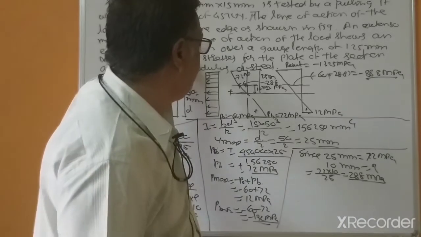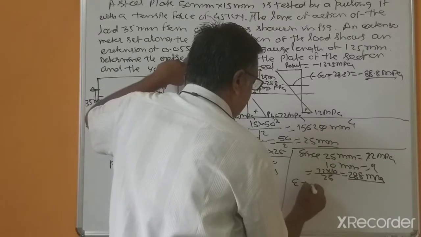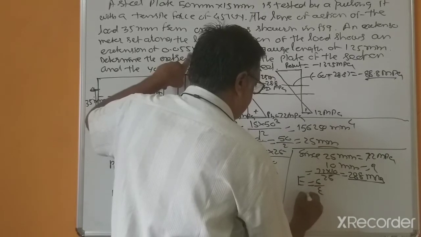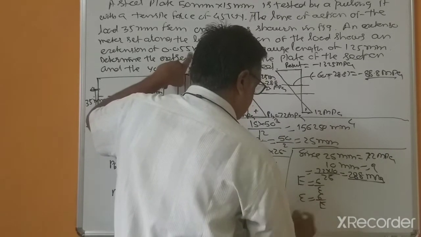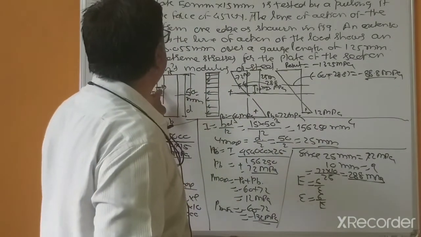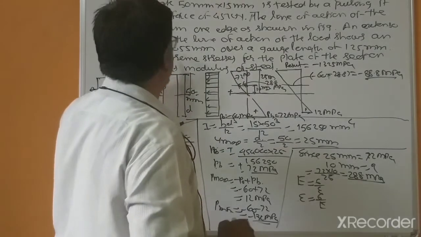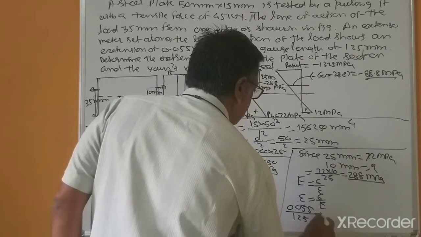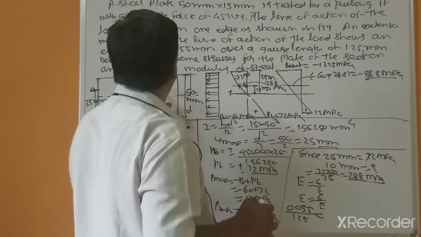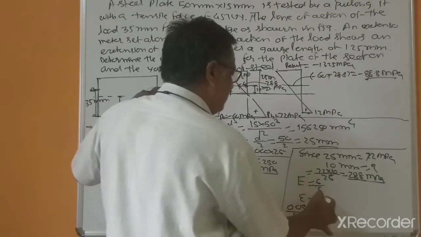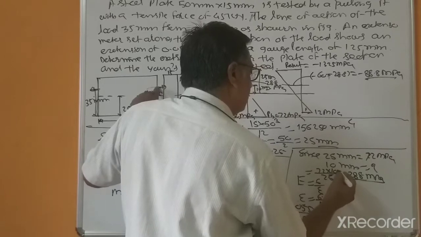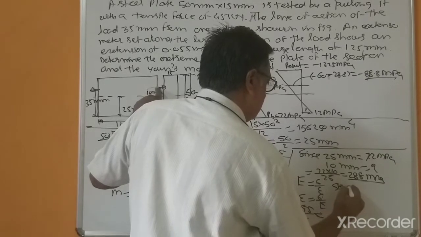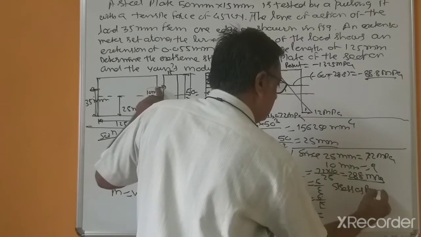So strain, or stress equal to strain, this extension is given 0.05, length equal to 125, and now what is the stress at this point?